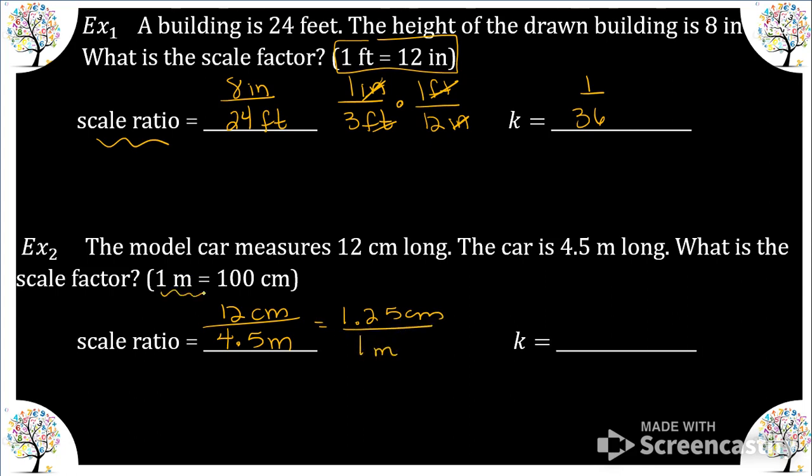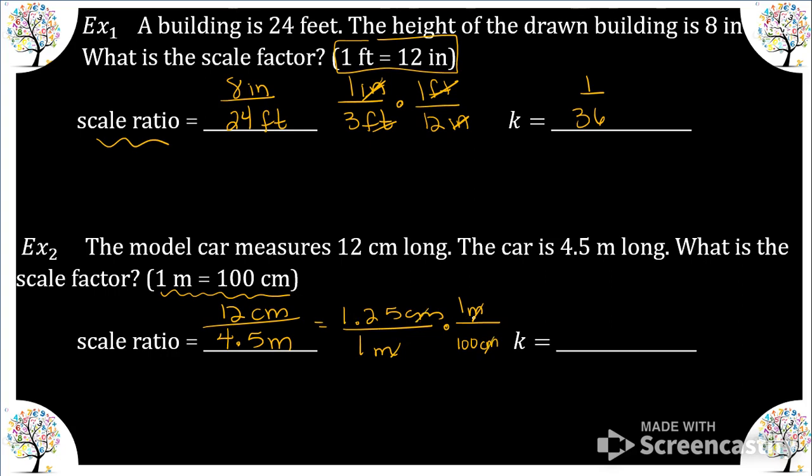Now let's use this conversion ratio here to cancel units to find scale factor. So I'm going to put meters in the top because it's in the opposite location of the meters in our scale ratio. So 1 meter is the same as 100 centimeters. Cancel, cancel, cancel, cancel.